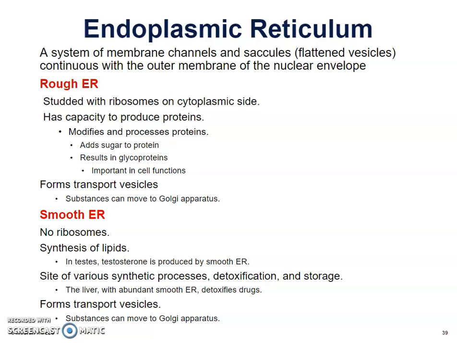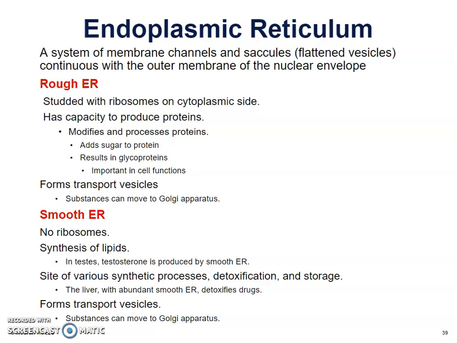The smooth ER is much like the rough ER, except it has no ribosomes. And here, lipids are made. So testosterone, estrogen, those kinds of things are made by the smooth ER. Detoxification happens here. Cells that do a lot of cleaning up blood, your liver, your kidneys, have a lot of smooth ER.